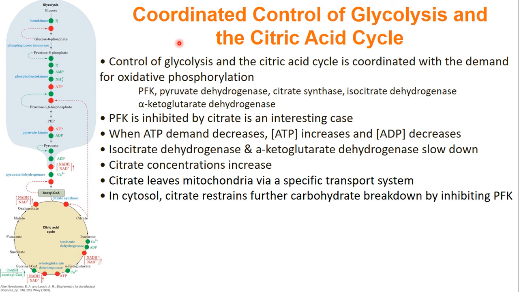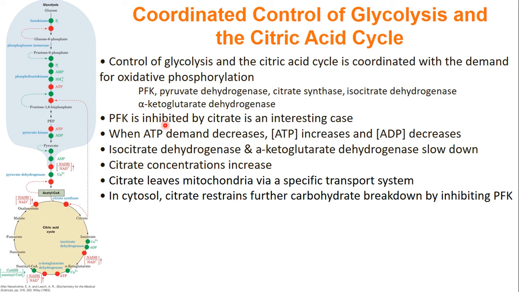Now, thinking about control on the grand scheme, remember we get electrons from glycolysis and the citric acid cycle. These two pathways are controlled based on how much oxidative phosphorylation we're doing. Some of the enzymes you're looking for control are PFK, pyruvate dehydrogenase, citrate synthase, isocitrate dehydrogenase, and alpha ketoglutarate dehydrogenase. We talked about this already, but PFK is inhibited by citrate.